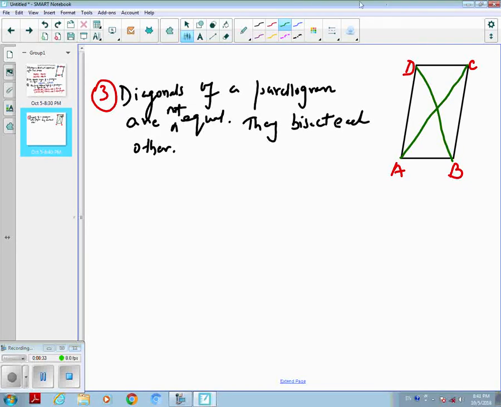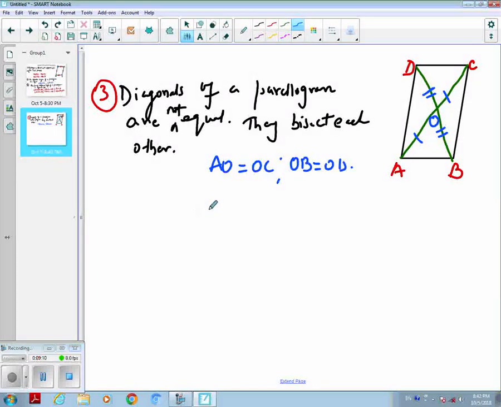Now, according to this rule, let this point be O, and then AO is equal to OC and OD is equal to OB. So by this, AO is equal to OC and OB is equal to OD. Diagonals of the parallelogram bisect each other.